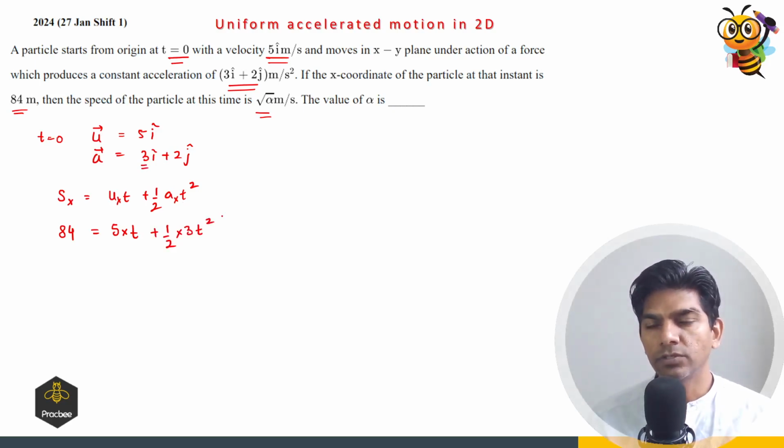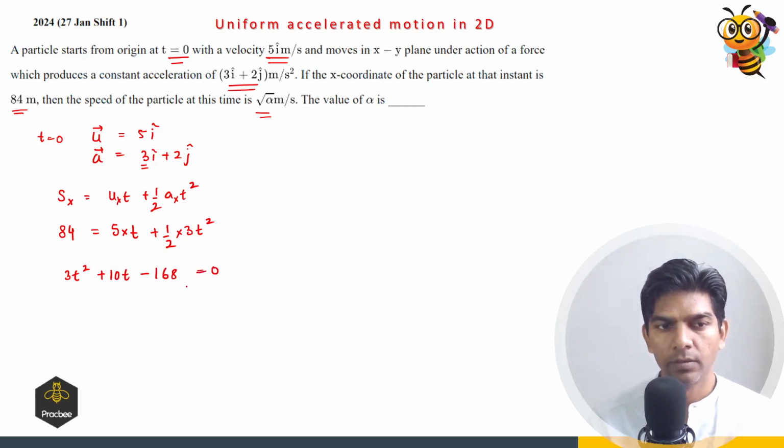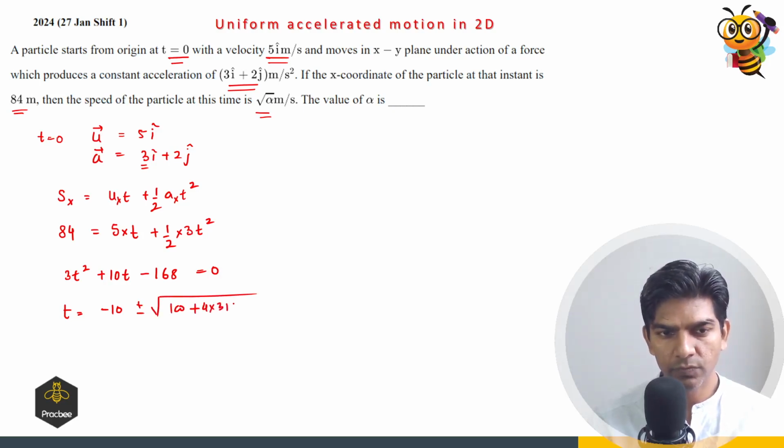Now from this equation we can find the time. Let us simplify this. It will be 3t square plus 10t minus 168. Okay, so we can say time will be minus 10 plus or minus root of 100 plus 4 into 3 times 168. Let me simplify this.